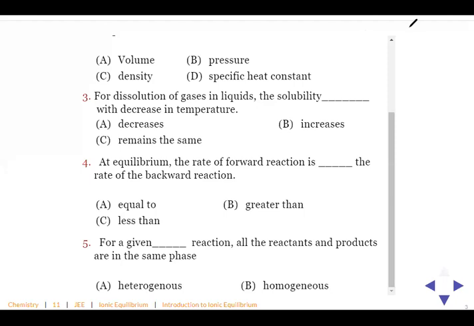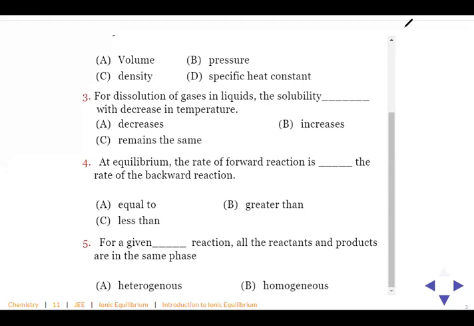Yes, very good. Most of you are saying increases, some are saying decreases also. Let's see the fourth one. At equilibrium, the rate of forward reaction is dash the rate of backward reaction. This should be very easy. Yes, very good, everyone. Equal to. Most are saying equal to.